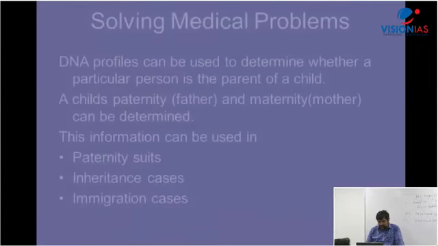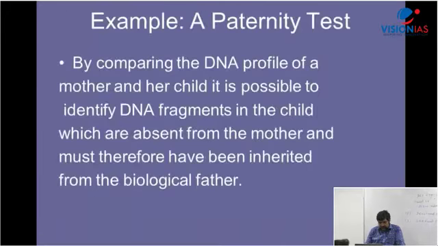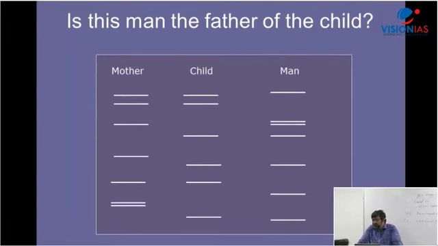Now look at this one. Is this man the father of the child? Mother, child and man. So is that man the actual biological father of the child? Yes. Just compare one by one. You take the child in the center and compare.